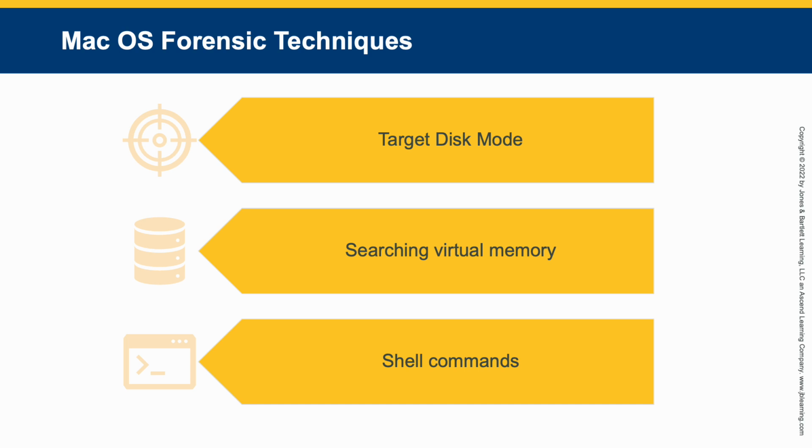Shell commands play a vital role in Mac OS forensics, providing investigators with powerful tools for examining the file system, running processes, and system configuration. For example, the ls command can be used to list files and directories, while the find command can search for specific files or directories based on various criteria. The ps command displays a snapshot of current processes, which can help identify running applications and background services.